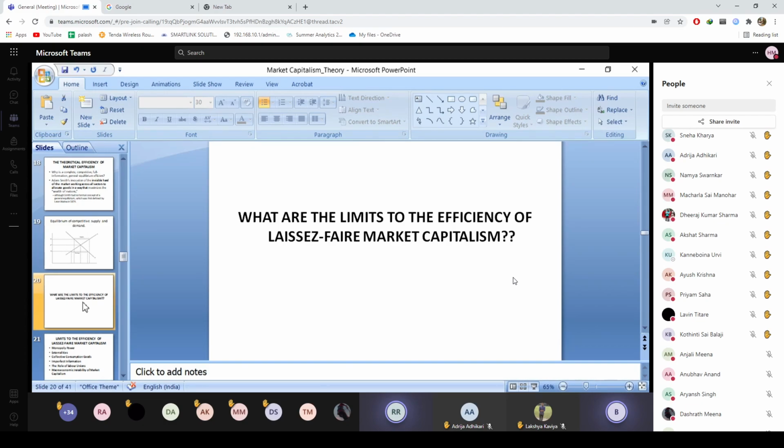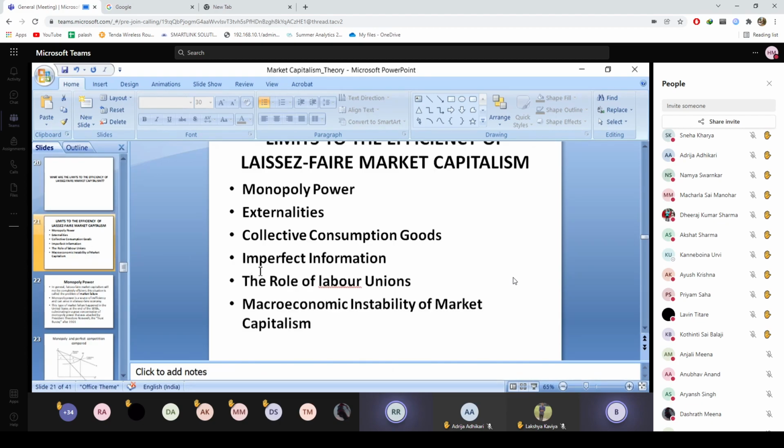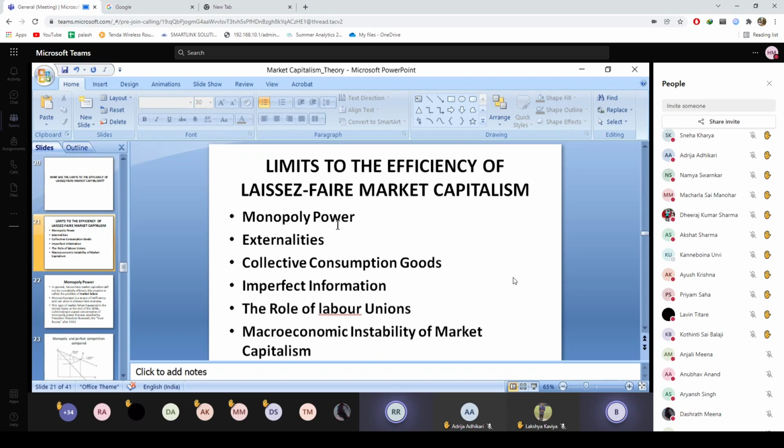And so when you say what are the limits to the efficiency of laissez-faire market capitalist economy, we are basically saying that there are certain things in the market that are actually causing a lot of inefficiencies. So what are those? That's basically the point that we will be exploring. Now here, based on the experiences that the economies have had over the years, these limits to the efficiency of market capitalism can be grouped under 6 categories.